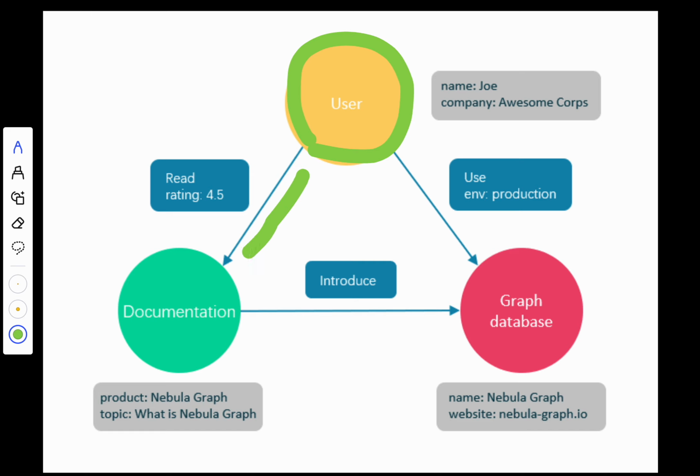The edges connect nodes and often include direction, like a user reads and writes this document. It has some sort of direction, like X follows Y or X contains Y.